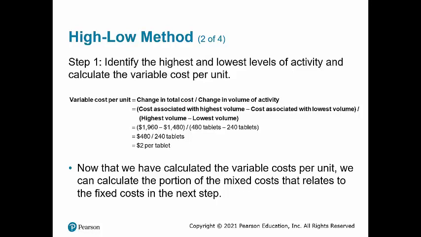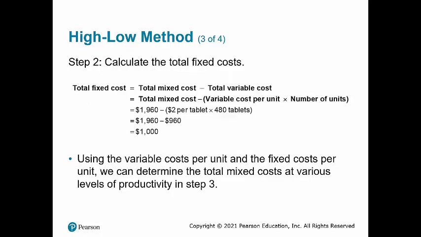Now that we've calculated the variable cost per unit, we're going to use that information to determine the fixed cost in step 2. In step 2, we're going to use an equation and solve for total fixed cost. We already know that total mixed cost is equal to total variable cost plus total fixed cost.